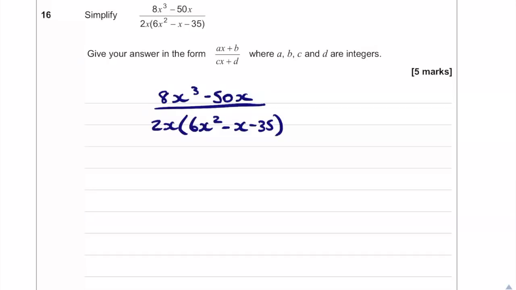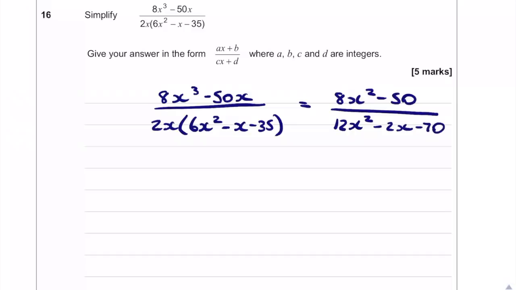So first thing we can do is take out a factor of x. I think that's probably going to be the best thing to do, because if we expanded this bracket out on the denominator, every value is going to have a term of x. So we can rewrite this as 8x squared minus 50 all over, and if I expanded this, that would be 12x cubed, so I'll get 12x squared instead, minus 2x squared, so I'm going to minus 2x, and then that's going to be minus 70.